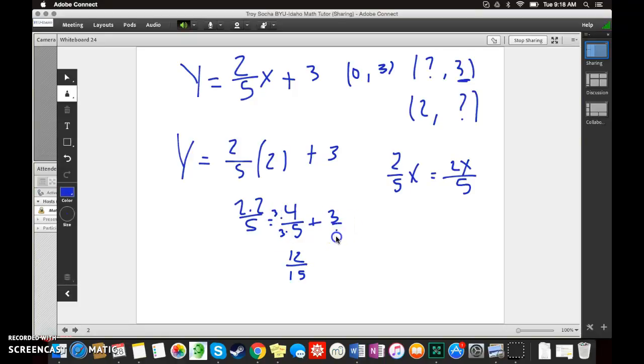And this is 3 over 1. We're going to multiply this by 5 and this by 5. And we get y equals 27 fifteenths. So now we get the point 2, 27 fifteenths.